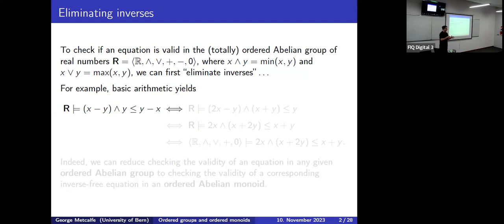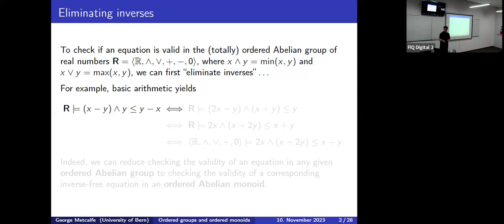Remember that meet is just minimum. And to say that this is valid, or holds, or is true in R means that whenever I replace x and y by real numbers, this inequality holds, right? So that's what saying that an equation or inequation is valid means.